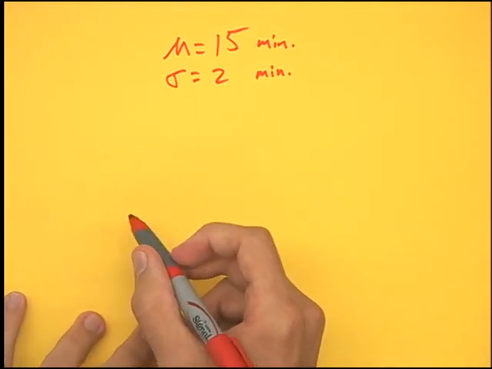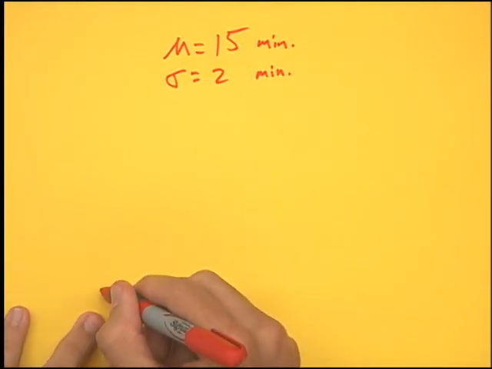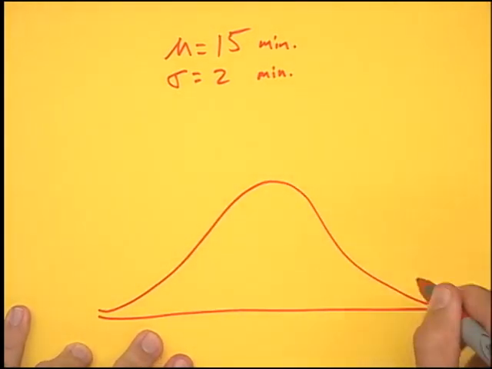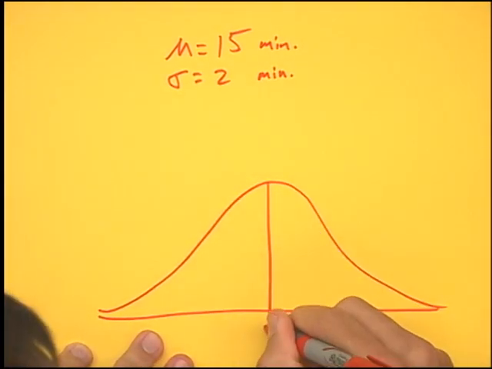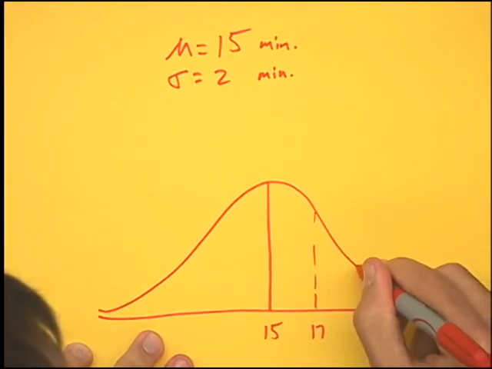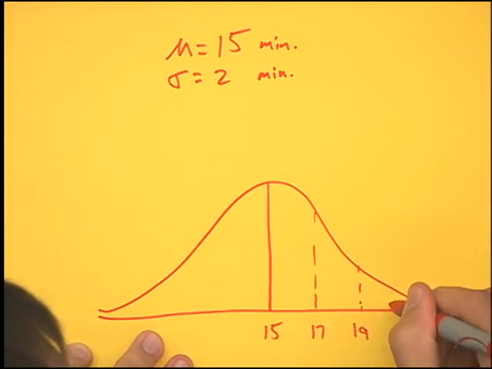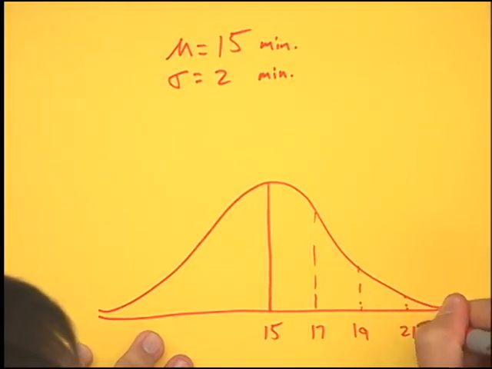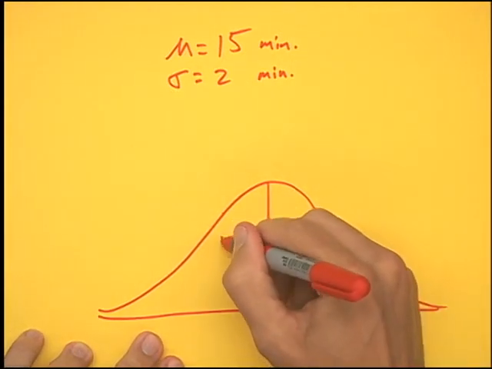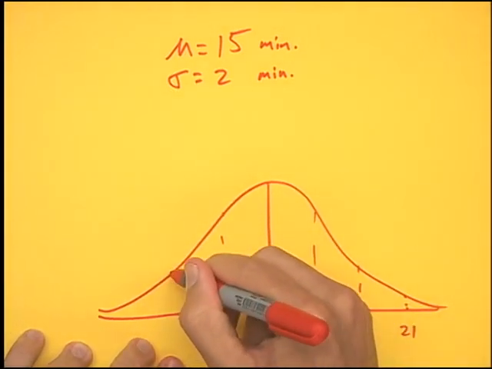So first, let me draw this distribution. So here are the travel times. On average, it takes 15 minutes. But if I go out to the right, it could take 17, 19, 21. 21 is 3 standard deviations above your mean travel time. And I could go down to the left.